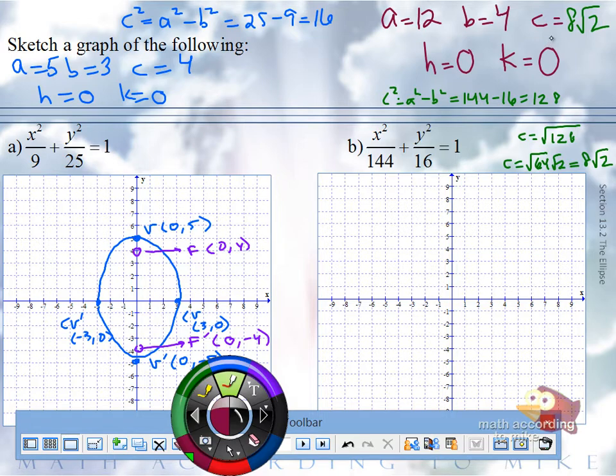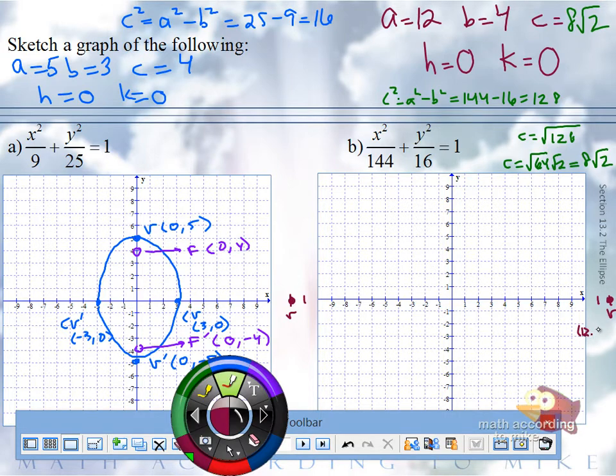So, also, horizontal or vertical? Horizontal, bigger number is underneath the x. So from our center, 0, 0, we're going to move left and right 12 units for the vertices. So I'm going to have to add a couple tick marks here. Then we have another 2 over here. So those are our vertices.